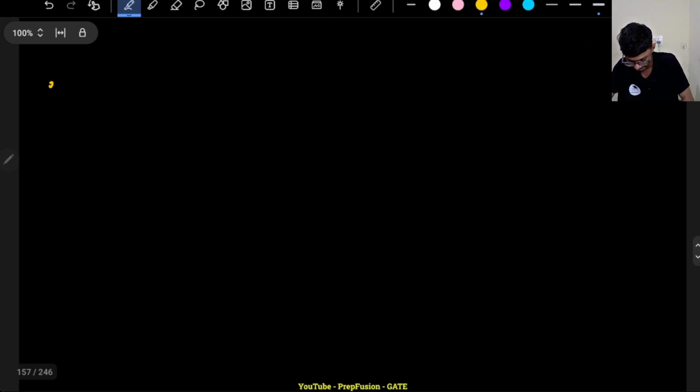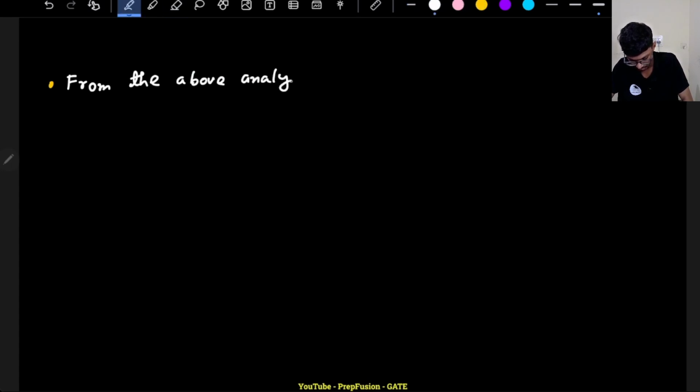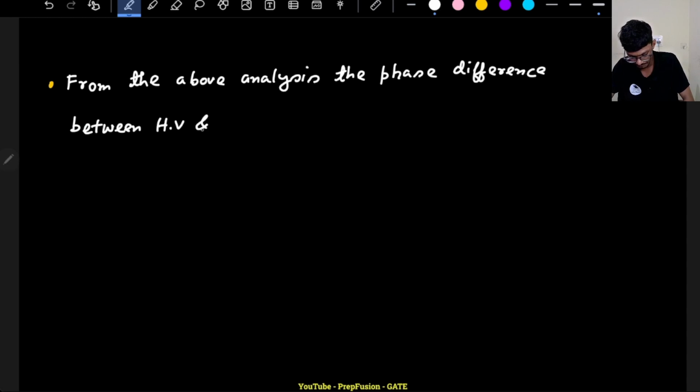So I can say safely that from the above analysis, the phase difference between the HV and LV winding is 0 degrees.